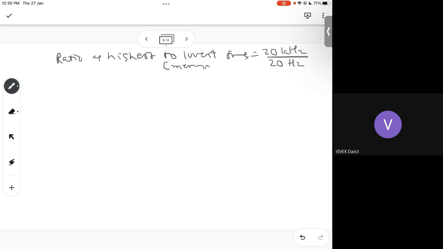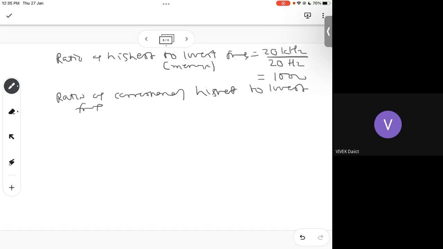My message signal was spread from 20 hertz to 20 kilohertz, so the ratio was 1000. But if I see the ratio of the corresponding highest to lowest frequency of a modulated signal, okay.